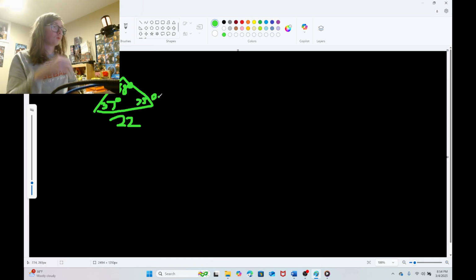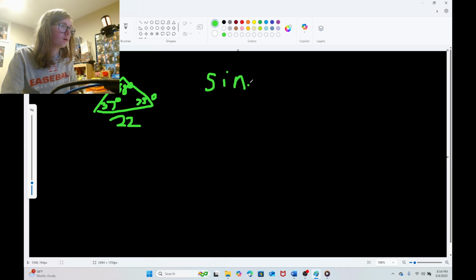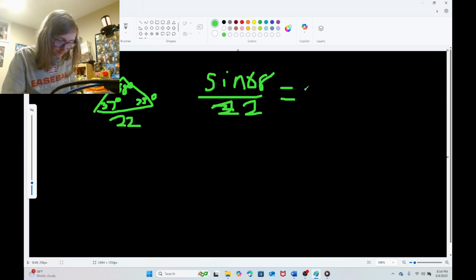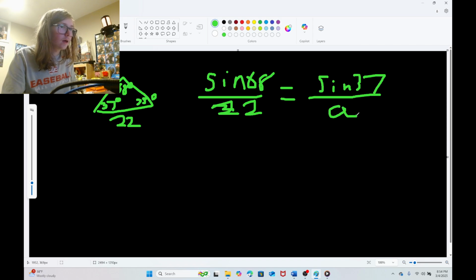This is an important one to use, because it's the only one we have to solve for, which means we're going to be taking the sine of 68 divided by 22 equals the sine of 37 divided by A, to find side length A.